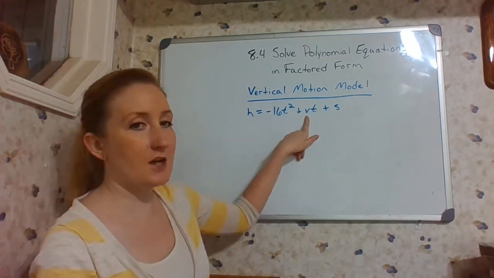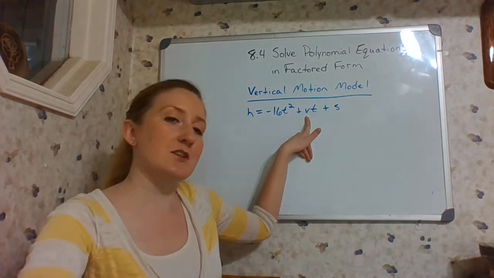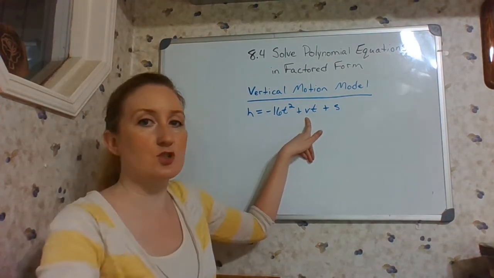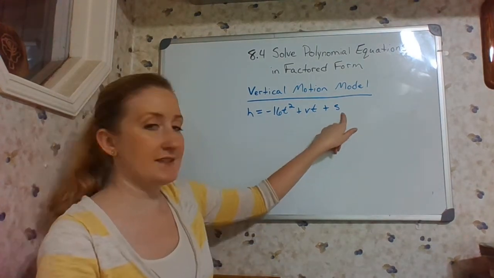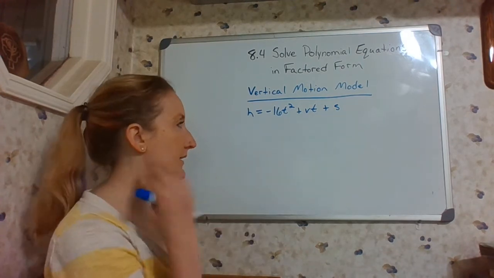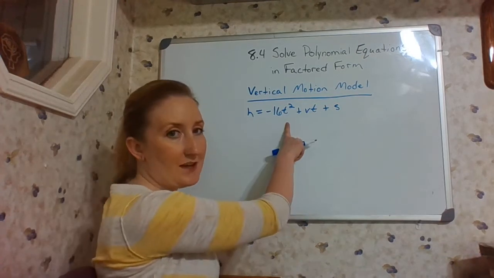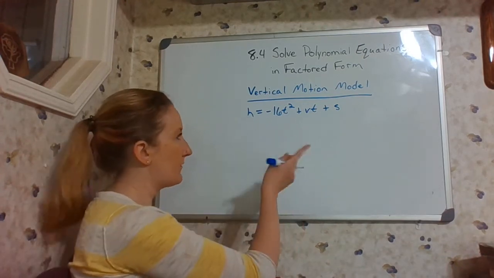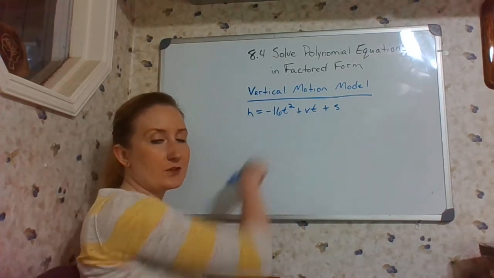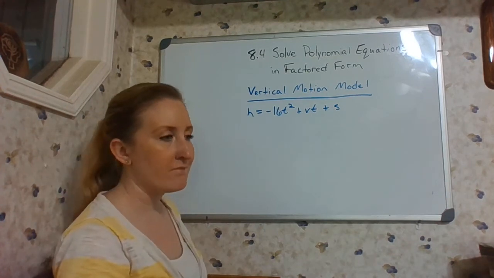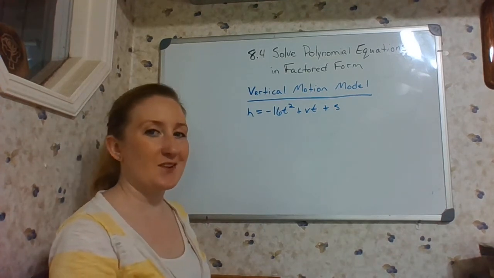V is our velocity at which something was either tossed or jumped straight up, and then s is the initial height. So I'll go ahead and write that down just to make it easy so you remember. And of course, t is going to be our time in seconds. So FYI, this negative 16 is the force of gravity in feet per second. That number changes based on what units you're using.